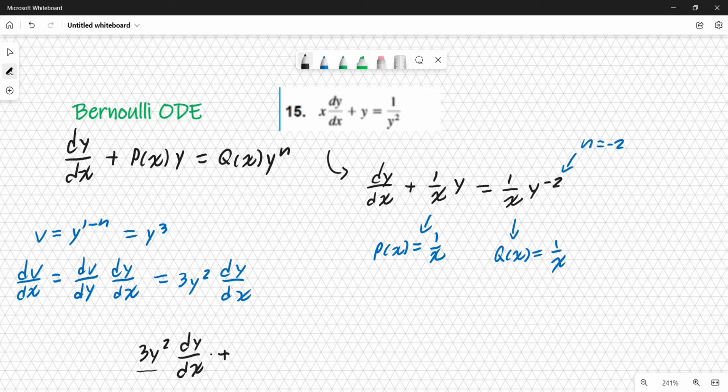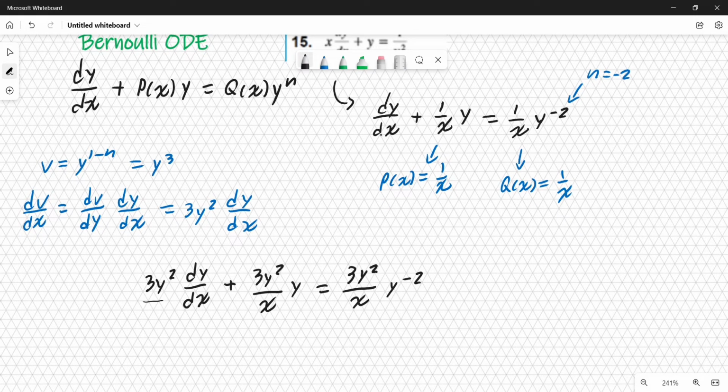So first we're going to have 3y squared dy/dx plus 3y squared over x times y equals 3y squared over x times y to the negative 2. All right. This is basically the same equation as the one up here. We just multiplied everything by 3y squared. But notice how we can just say this piece right here is just dv/dx.